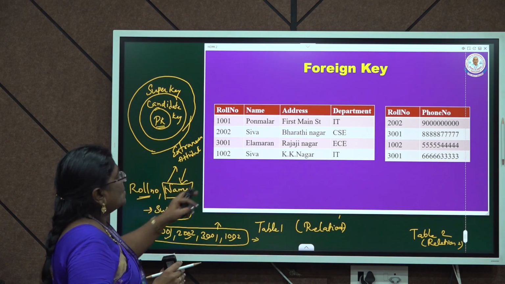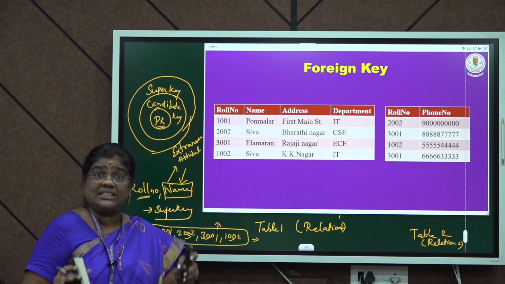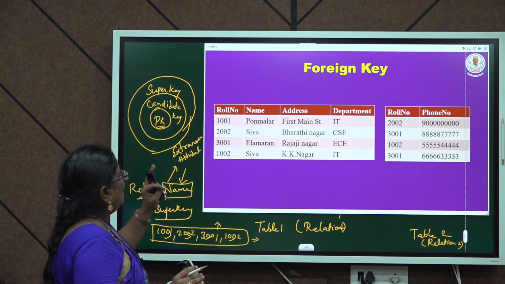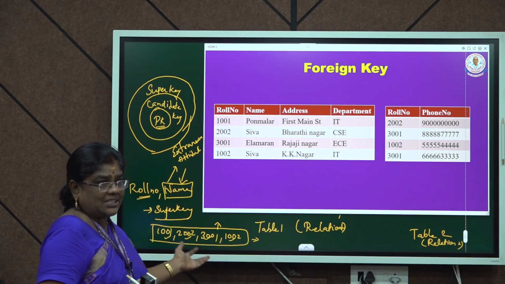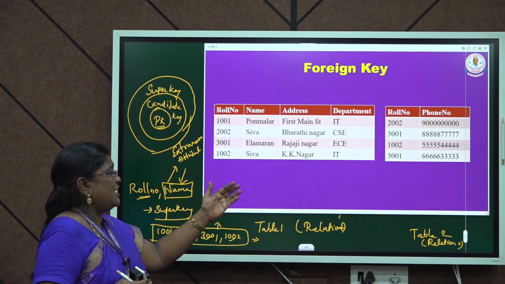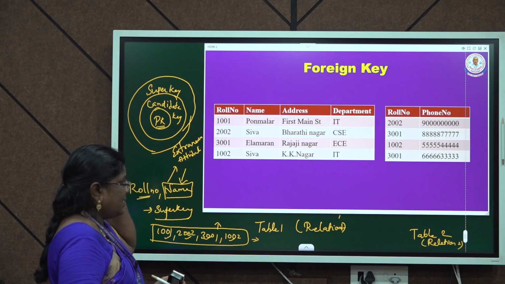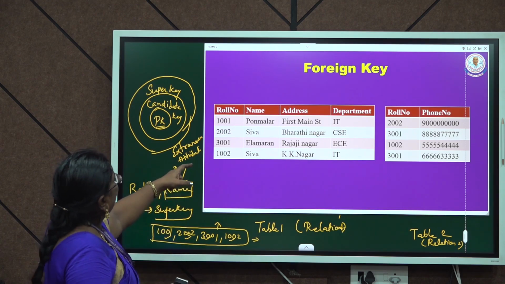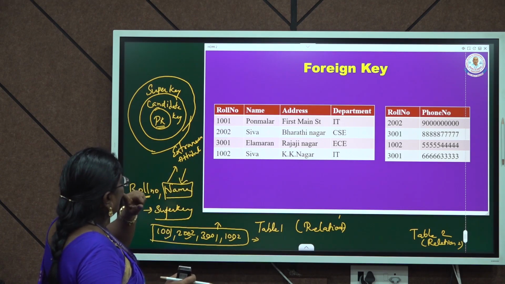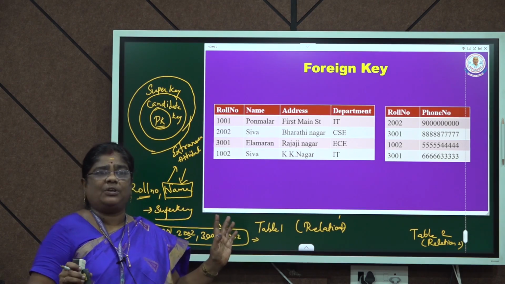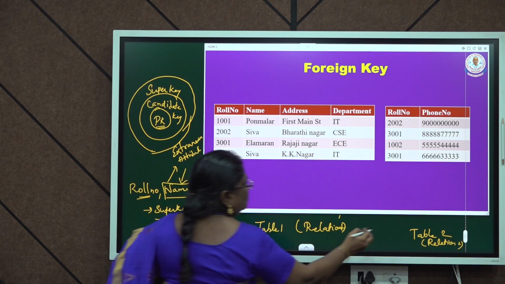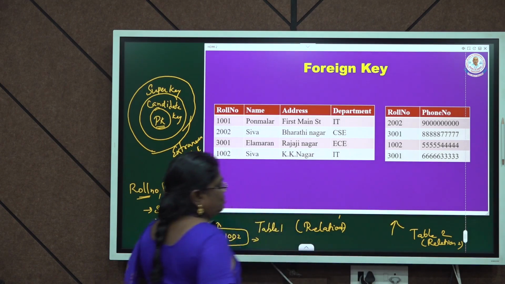Here also it is not necessary that all the students should have a phone number in the second table. The first table is the parent table and the second table is the child table, which is going to get the data from the first table. The number I have missed is 1001. He doesn't have any phone number, hence I have not included him in table 2.